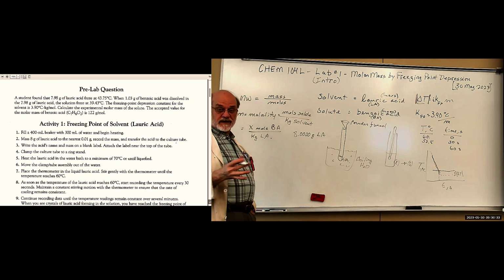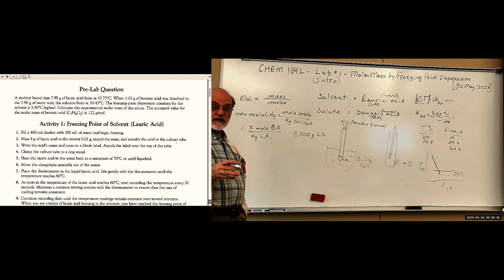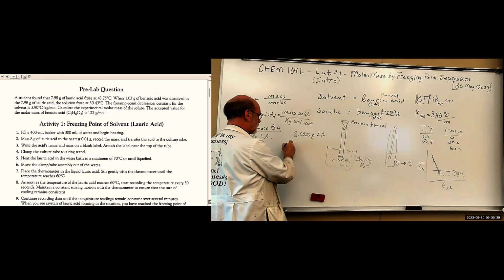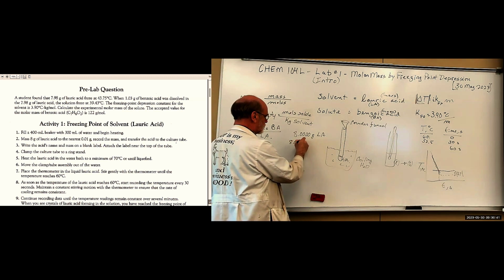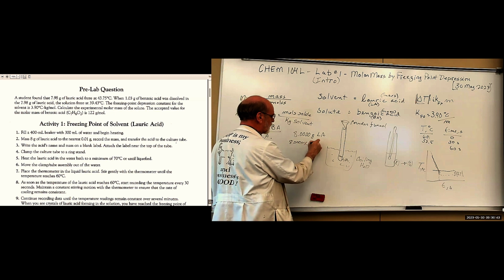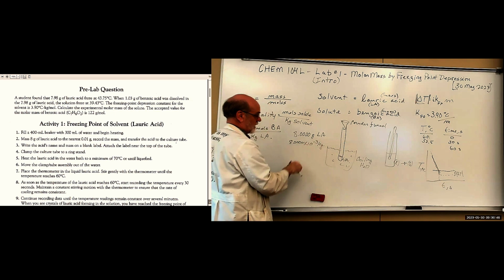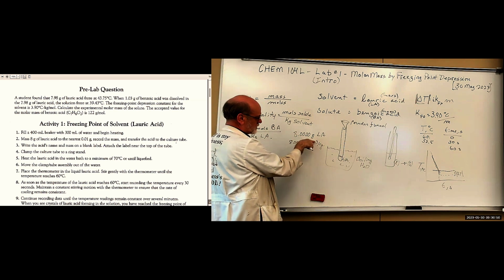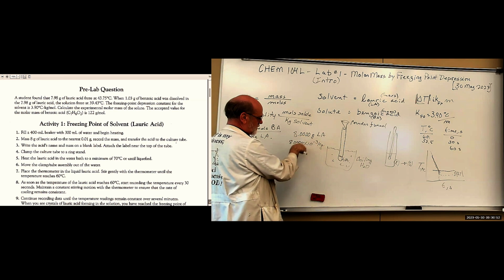How many kilograms is that? Well, how many grams are in a kilogram? 1,000 grams in a kilogram. So if you have 8 grams, how many kilograms? You have 8.000 times 10 to the minus 3 kilograms, right? Because the unit of measure gets bigger, so the number has to get smaller.